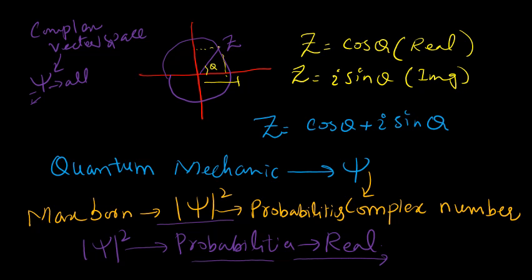This tells us how complex numbers are necessary in quantum mechanics, because the dynamical variable psi itself is a complex number, and the whole of quantum mechanics is based on the interpretation of this complex psi, which is also called the wave function, vector, and state. These are the different names for the wave function.